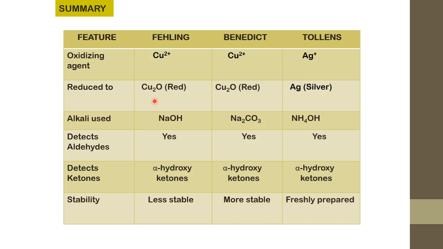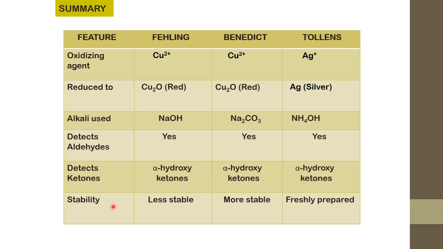The alkali used in the Fehling test is sodium hydroxide, in Benedict it is sodium carbonate, and in Tollens reagent we use ammonium hydroxide. We detect aldehydes through all these tests, and we also detect ketones only if they are in the alpha hydroxy form.